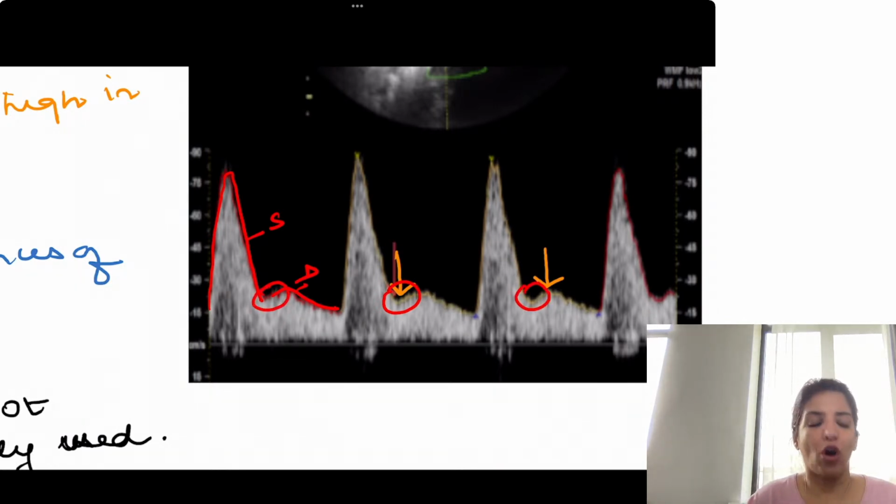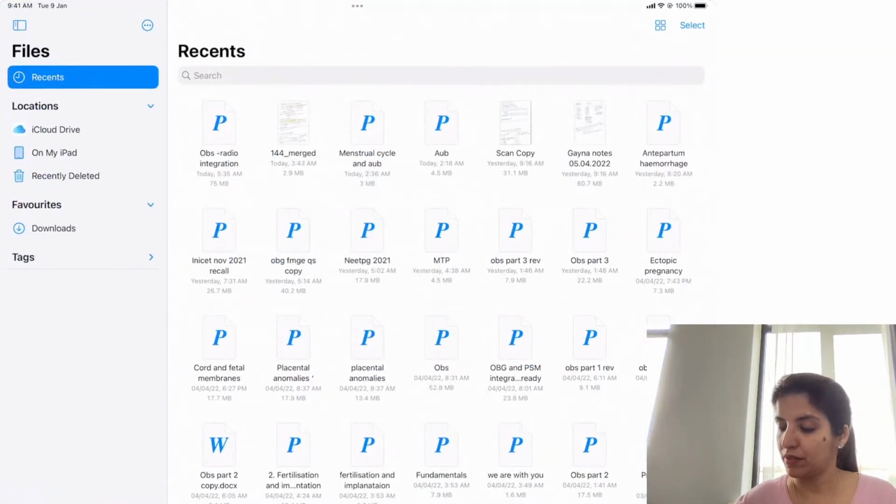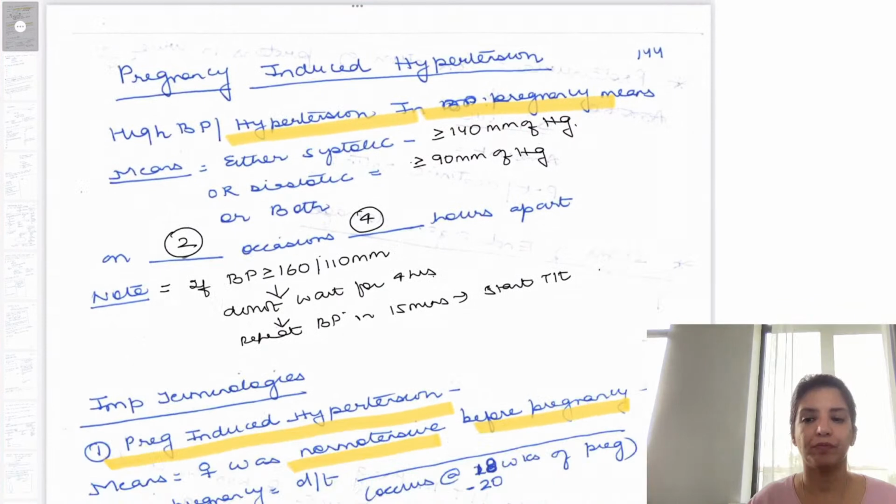Right? So normally this notch should disappear by 22 to 24 weeks. But if this notch doesn't disappear, then it predicts the chances of PIH. I hope PIH is clear to all of you. Yes? Any confusions? Just let me know.